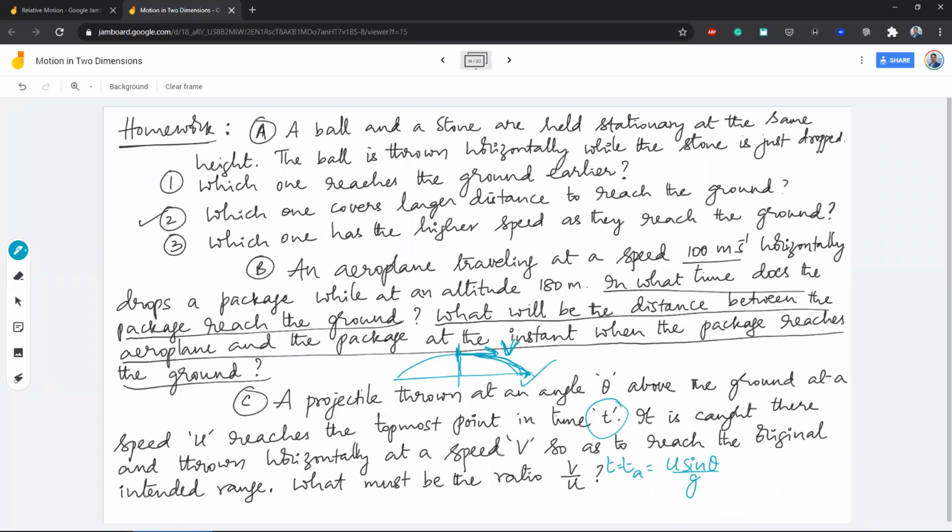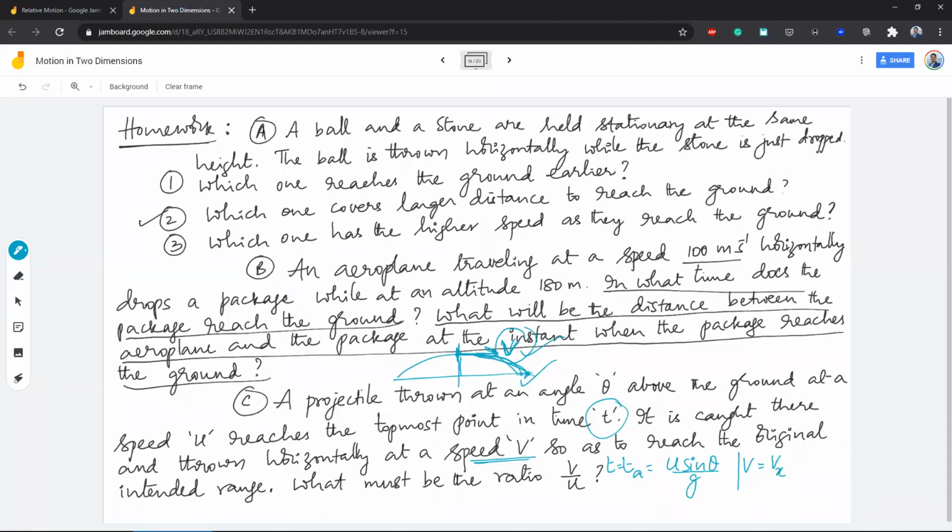And they are throwing it horizontally with a speed v so that it reaches that point only, which means v is nothing but the horizontal speed the projectile would have had when it reaches the topmost point. Even if nobody catches it, whatever speed it will have when it reaches the topmost point, that speed is nothing but v. So I'll say v is nothing but vx.